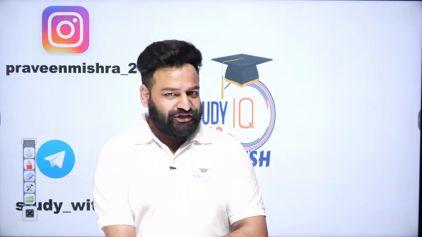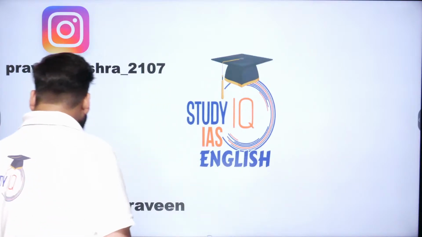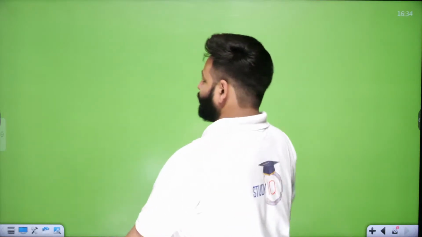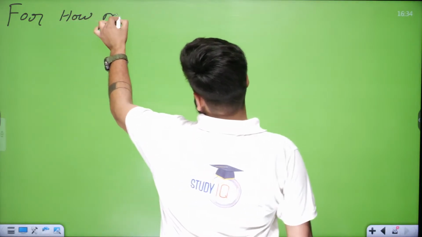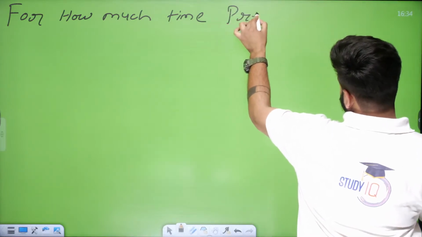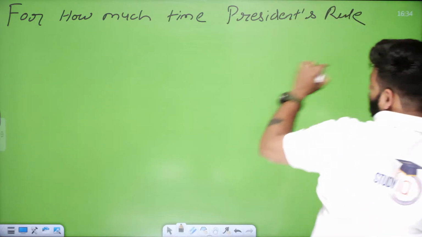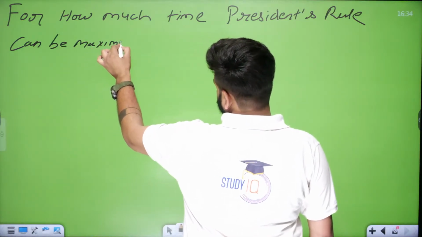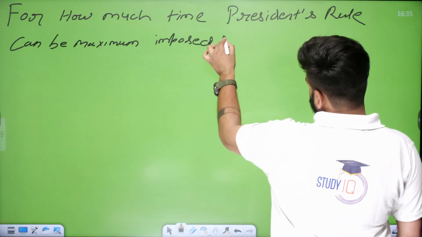Before ending the session, I would just like to give you the homework. Okay, homework is, please note down and let me know in the comment section: for how much time can president's rule be maximum imposed in a state?